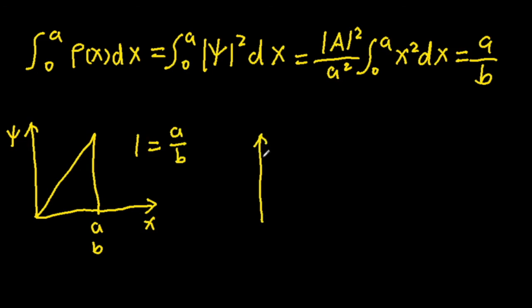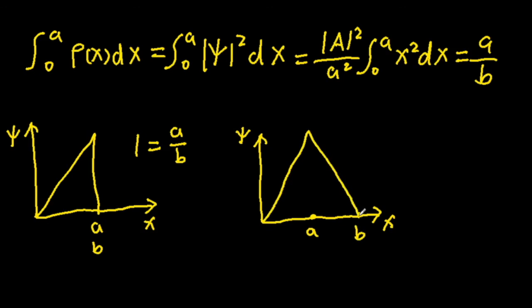And if b equals 2a, the wave function would look like this. It's an isosceles triangle, so the probability is 1/2, which is a over b.